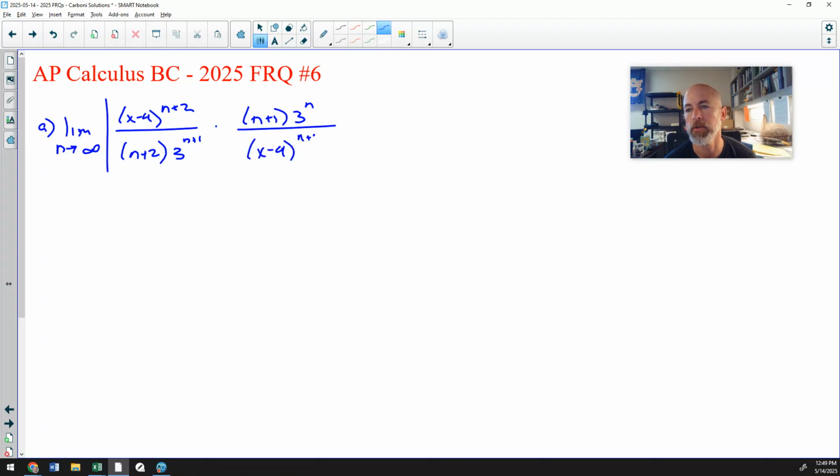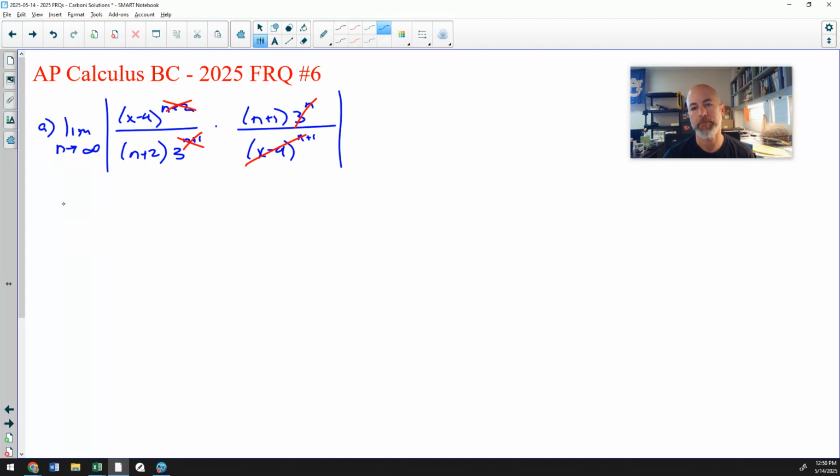And on the AP exam, you can't use different colored pens, but I'm going to because it makes it easy to see what's happening here. Let's start canceling. So I have one more x minus 4 on top than I do on bottom. I have one more 3 on bottom than I do on top. And I will apply the absolute values to everything that it can affect.